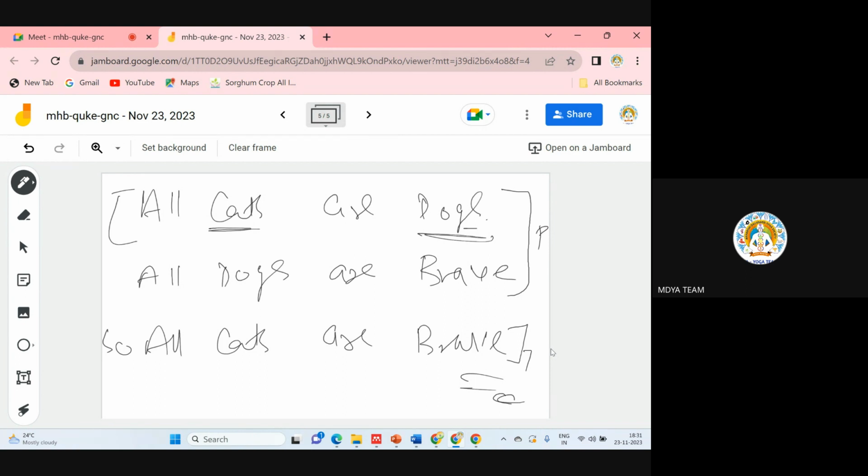But to understand deductive argument better, we try to solve categorical propositions. It is a type of deductive argument which is very structured and organized. There are two premises and one conclusion, and the conclusion is based on these premises. So all cats are dogs, all dogs are brave, so all cats are brave.